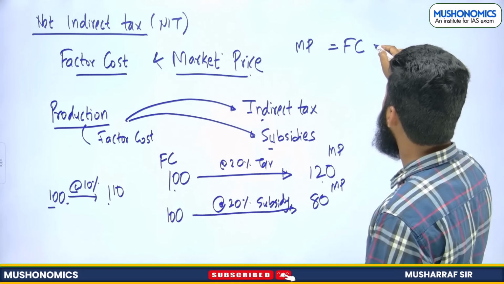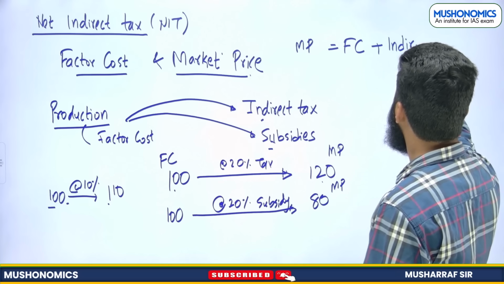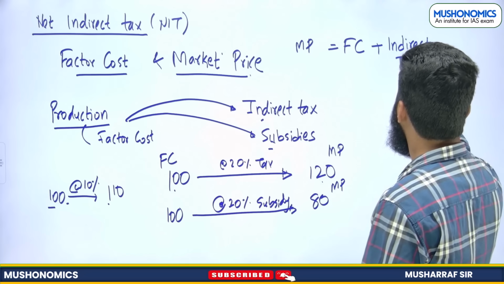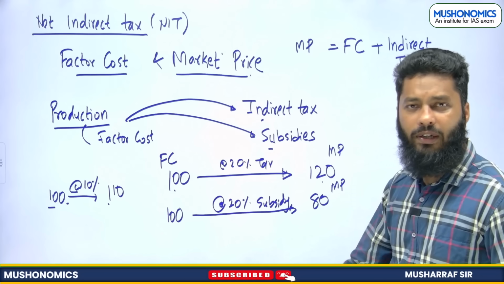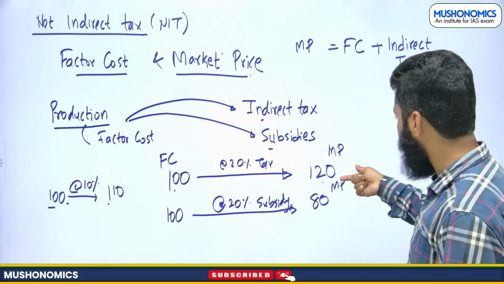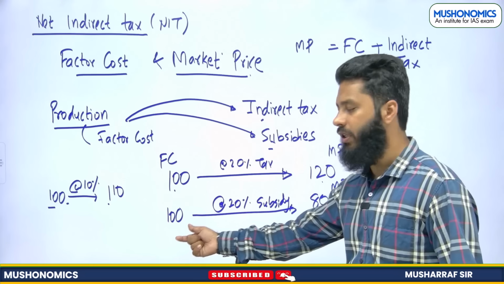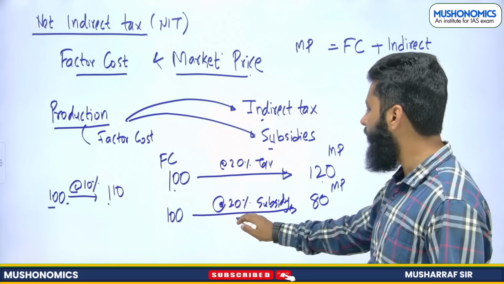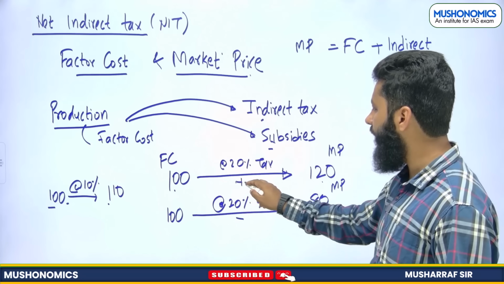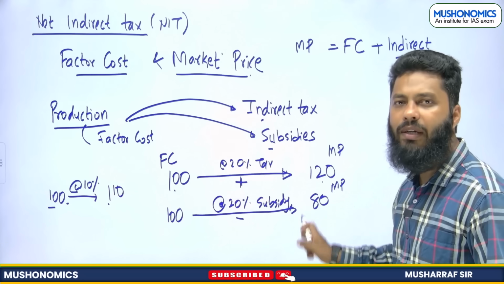So what I can write is: factor cost plus indirect tax. This is distorting the market price. So factor cost plus indirect tax will be the market price, or for that matter factor cost minus subsidy. Tax amount is added, subsidy amount is deducted.